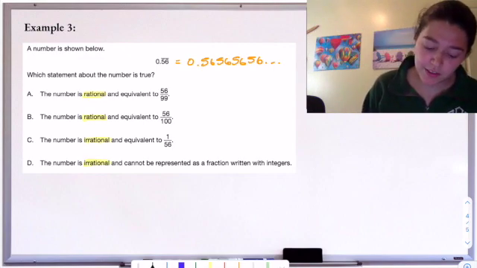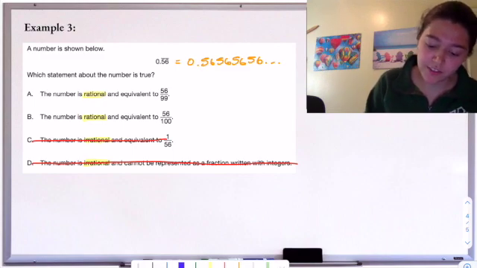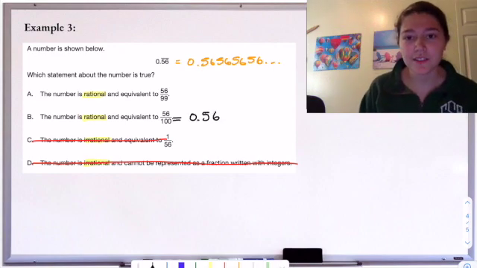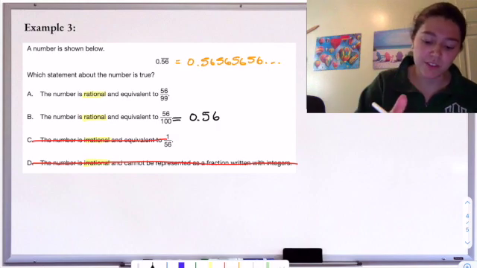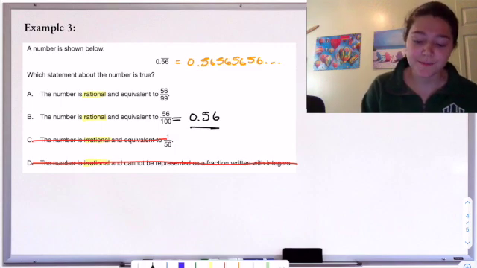So this is not irrational. It's rational. And then 56 hundredths is equal to just 0.56.